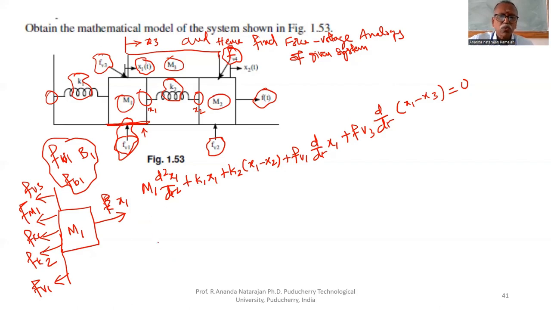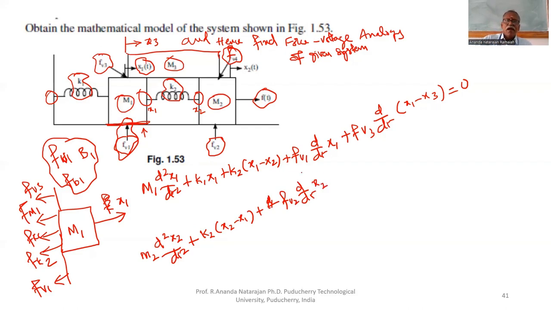Similarly, if you write for m2, d square x2 by dt square plus because of k2 x2 minus x1, because of fv2 d upon dt of x2, plus because of fv4 d upon dt of x2 minus x3.